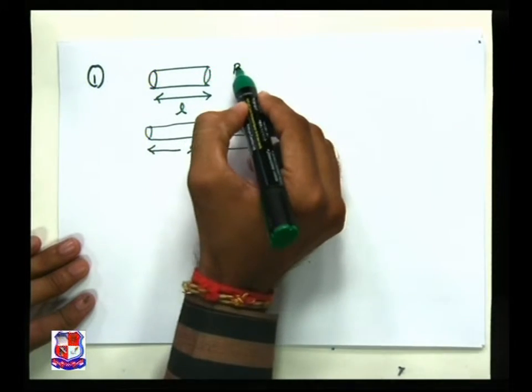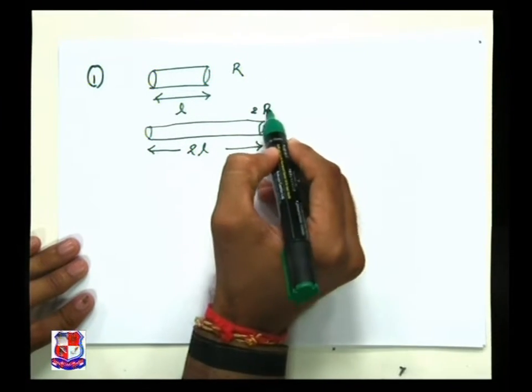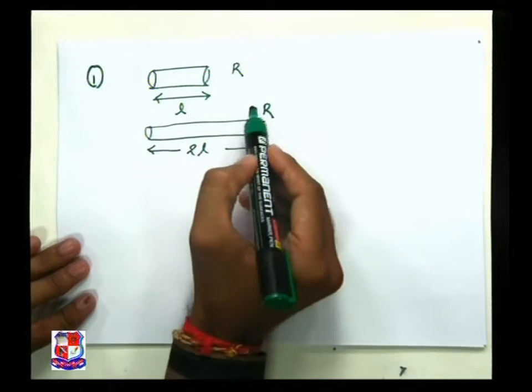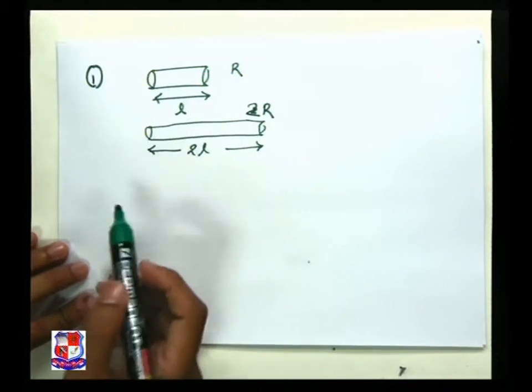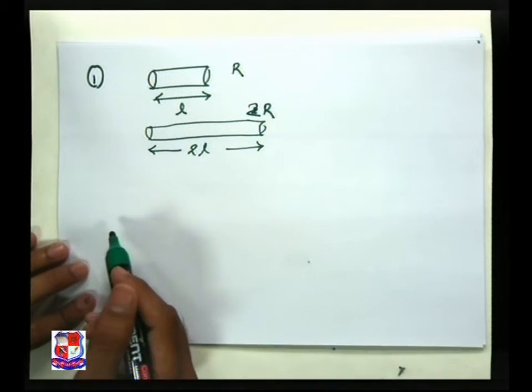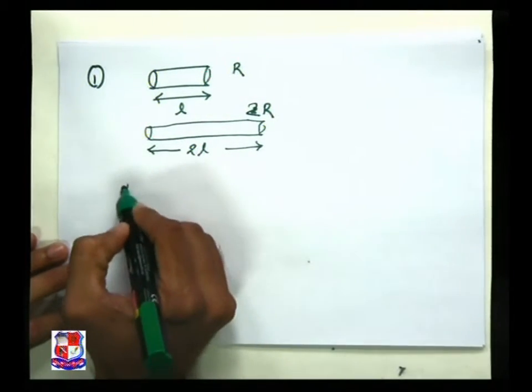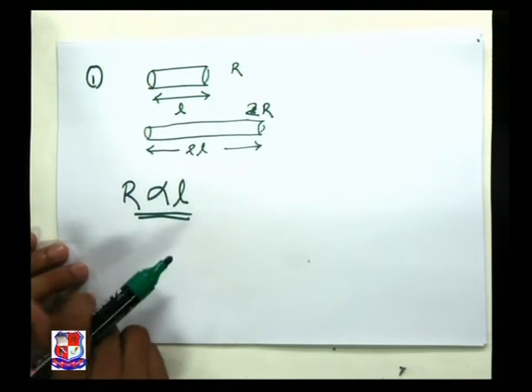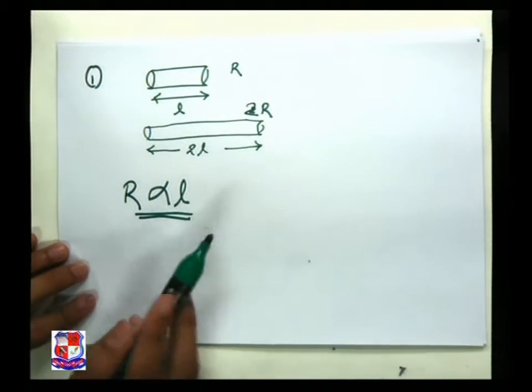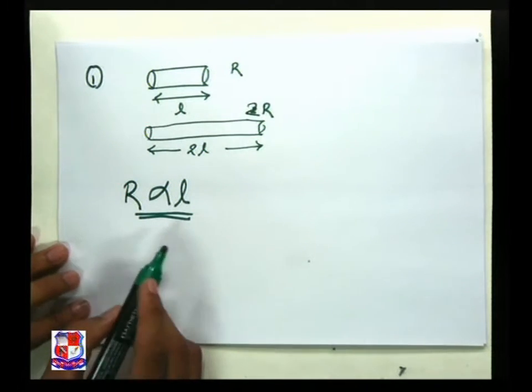Suppose the first resistance is R, then the second resistance is 2R. That means resistance becomes twice. So resistance is directly proportional to the length of the conductor. R is directly proportional to the length.